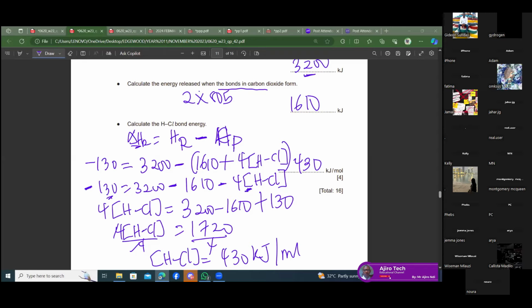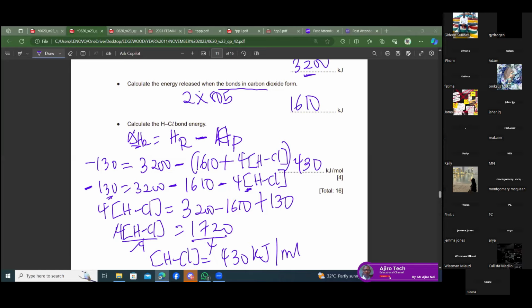Expect some questions on activation energy when you talk about chemical energetics, and bond energy calculations like we just finished doing. Expect definitely compulsory questions from stoichiometry. You could be asked to find the water of crystallization.